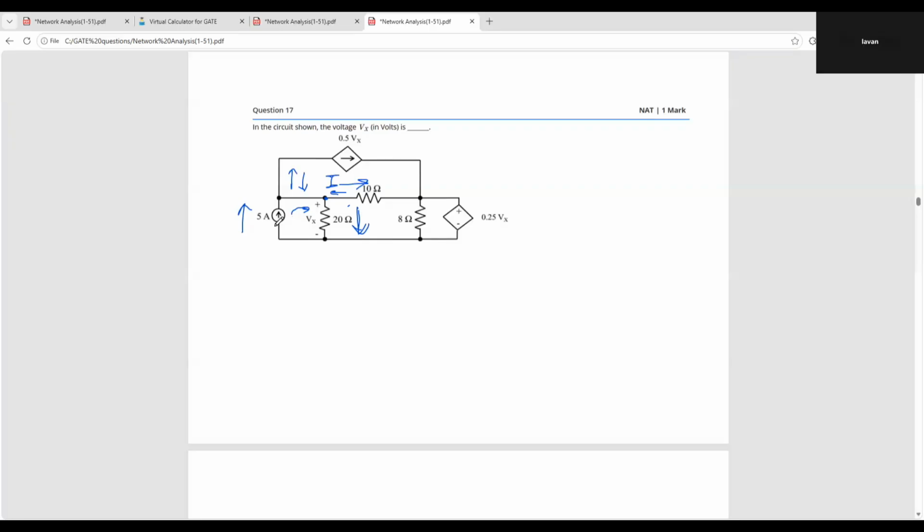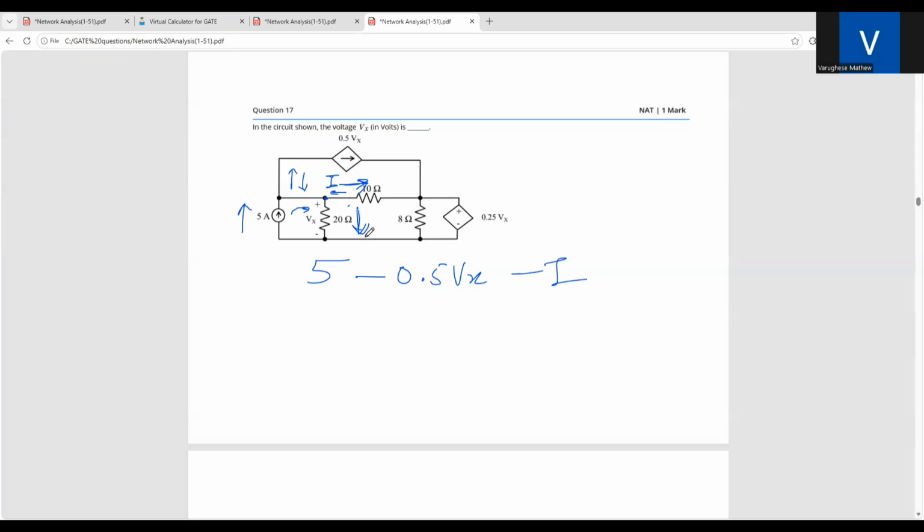Sir, because 0.5 Vx current is going up, so it is minus 0.5 Vx, plus 5. Then this I have assumed, so minus I. Is this the current?